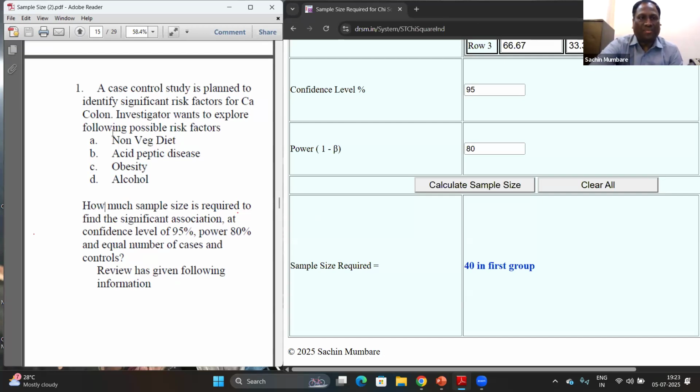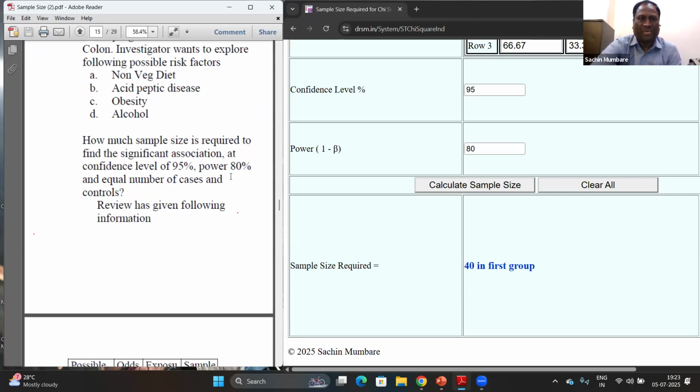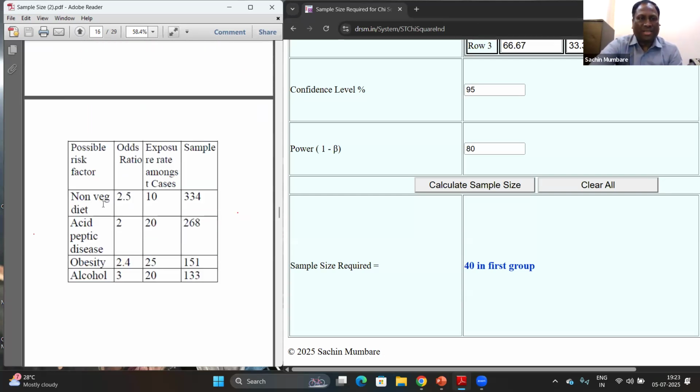For example, there are 4 possible risk factors. You can have 8, 10, or n number of possible risk factors, but here I have given 4. After doing the review of literature, I have found these things. For non-veg diet, the odds ratio reported is 2.5 with exposure rate amongst cases equal to 10.